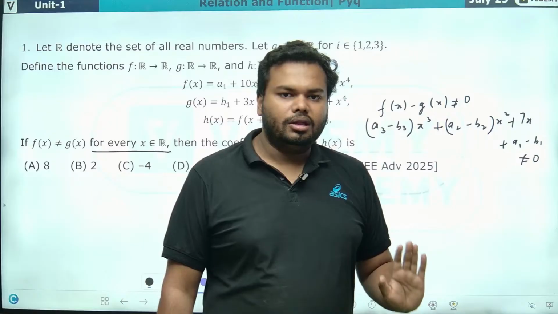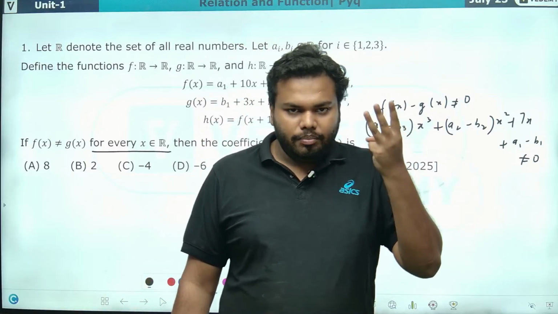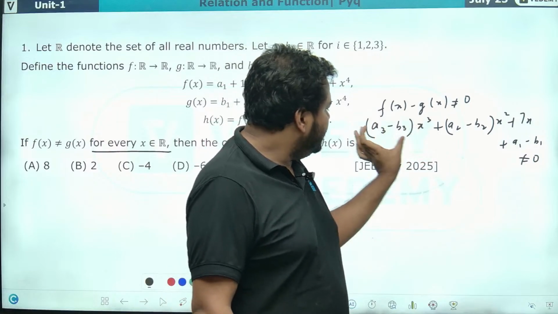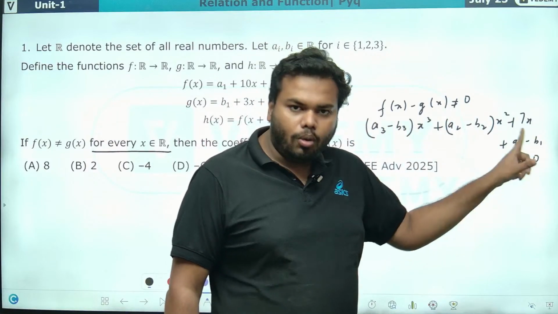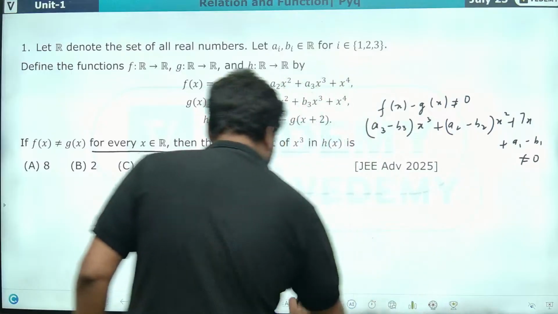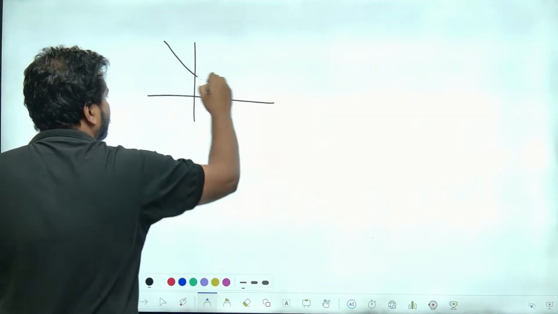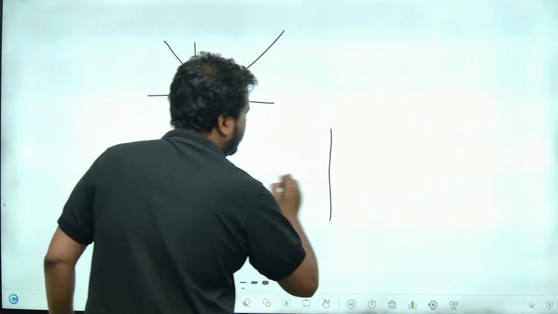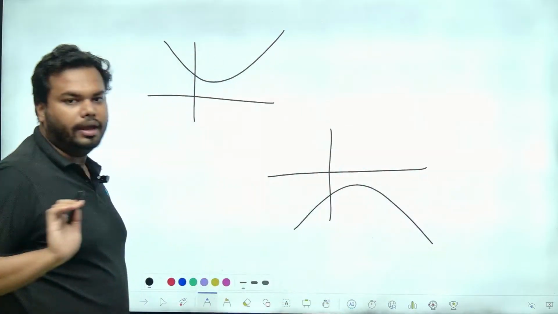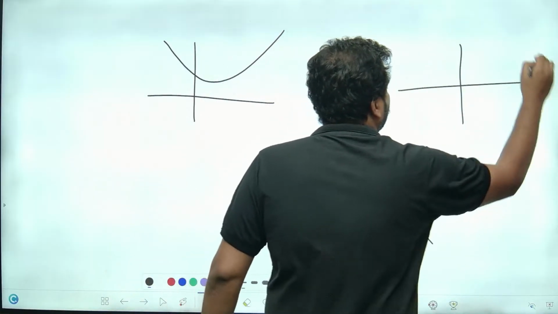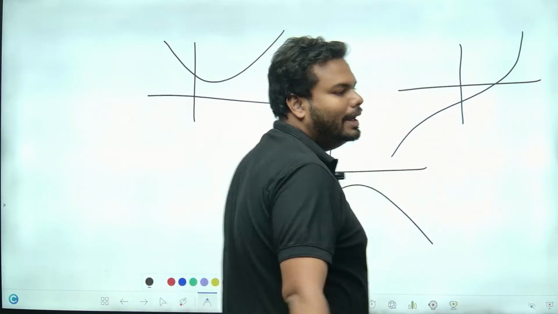It will have a maximum of 3 roots and a minimum of 1 root. So a3 equal to b3, then it becomes a quadratic. Yes, a quadratic can have 0 roots, for example this one or this one. That is okay for a quadratic. But any cubic always cuts the x-axis.